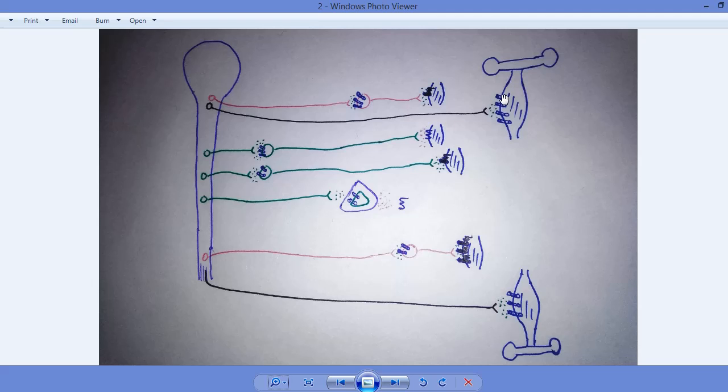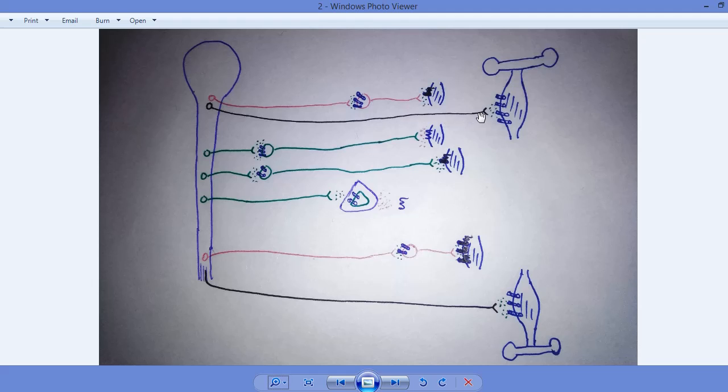Now the receptors which bind with this neurotransmitter are called nicotinic receptors. This is one type of nicotinic receptor. There are two types of nicotinic receptors in the nervous system. One type is this one, which is present on the skeletal muscle and is activated by the somatic neuron.